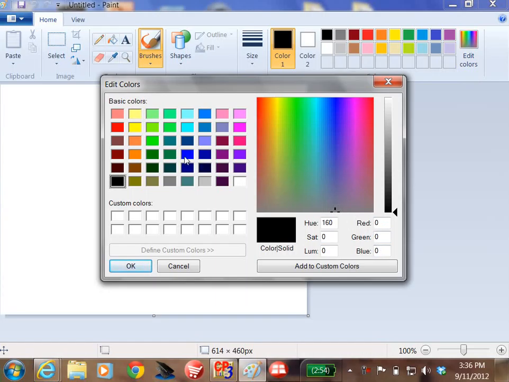Let's go up to here. Now this color here has no red, no green. Blue is 160. That's hard.